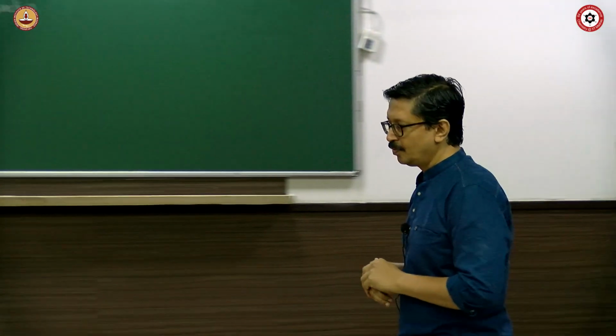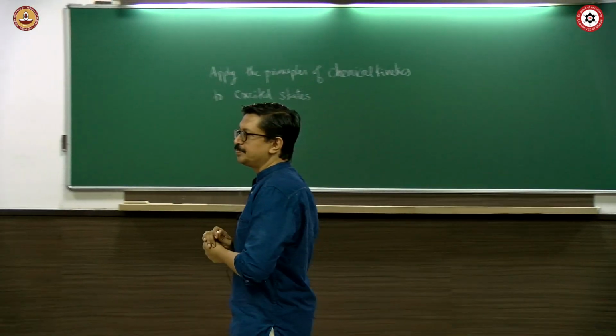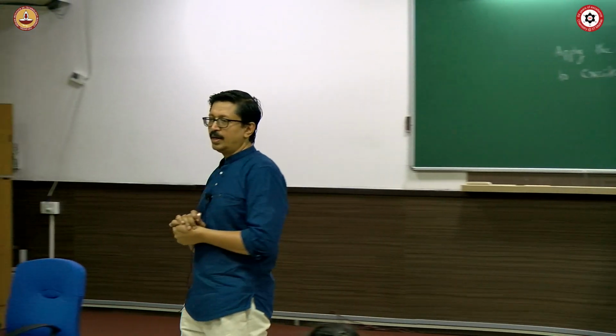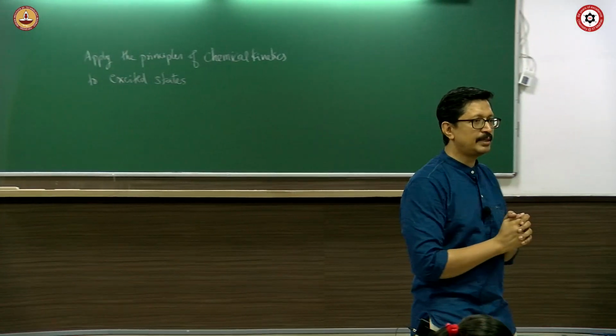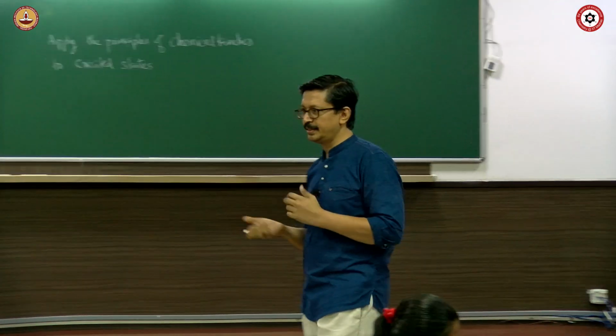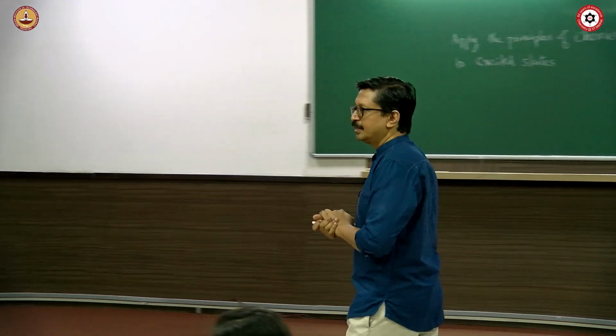Okay, so today what we are going to do is, you learned chemical kinetics, and those principles we are going to apply to excited states. Some of the things that we learned in chemical kinetics from plus two onwards, those principles we will apply to excited state kinetics.